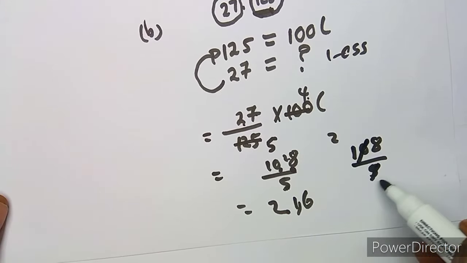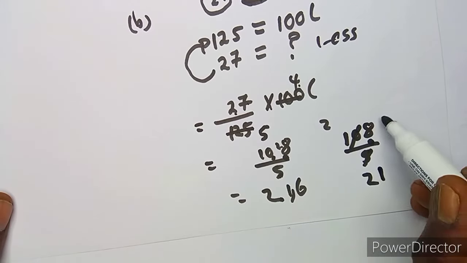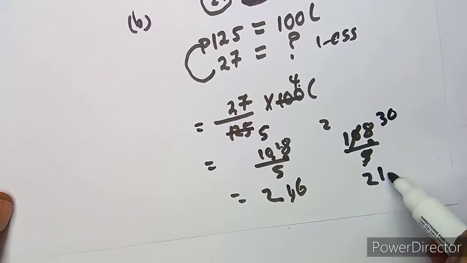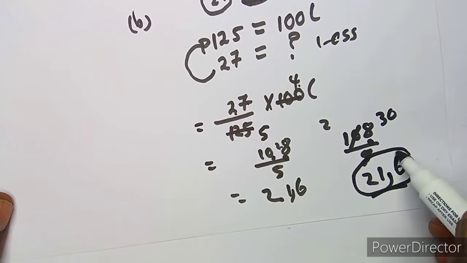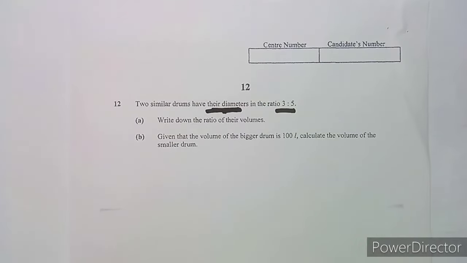This is 5 here, so it's directly 2, 5 here, which is actually 1, and we've got a remainder of 3 there, which is going to be 6, just direct like that. All right, so that's what you're going to have, which is 21.6. So what we have is to work with the volume factor because you are given volume. If you are given size, you just work with the size, but volume, work with the volume factor, just like that.